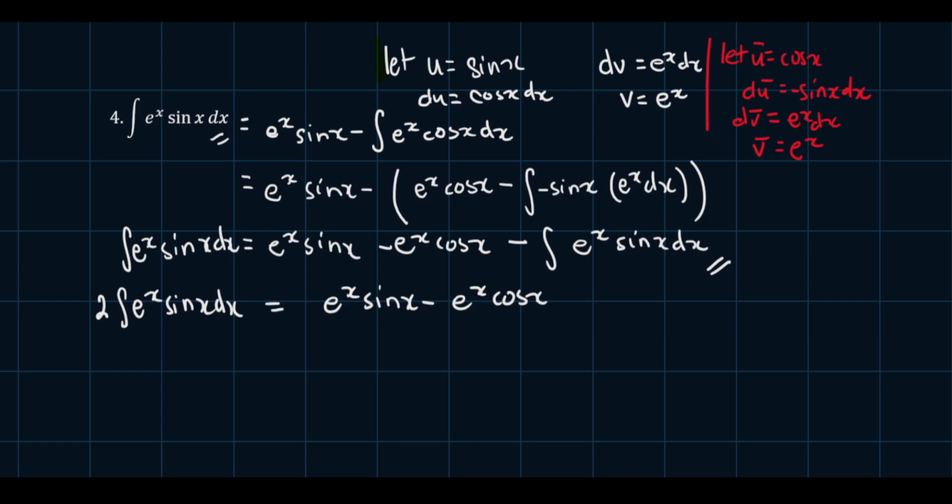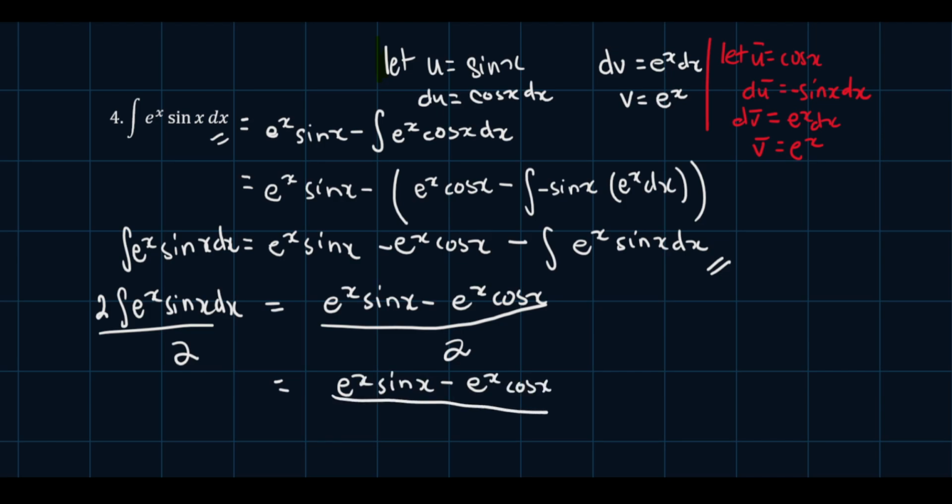So since we want to solve the integral of e raised to x sine x dx, we divide everything by 2. By doing so, will give us e raised to x sine x minus e raised to x cosine x over 2 plus c.